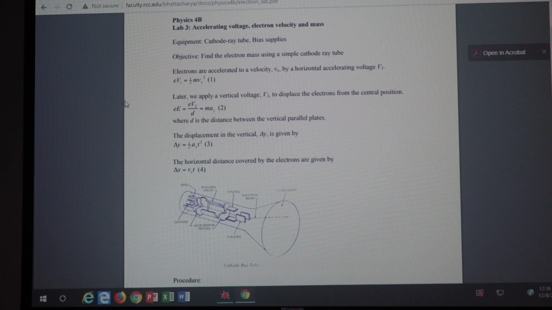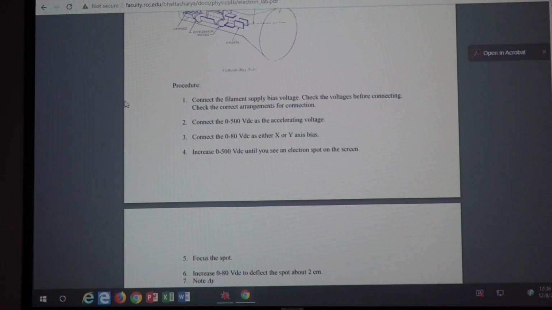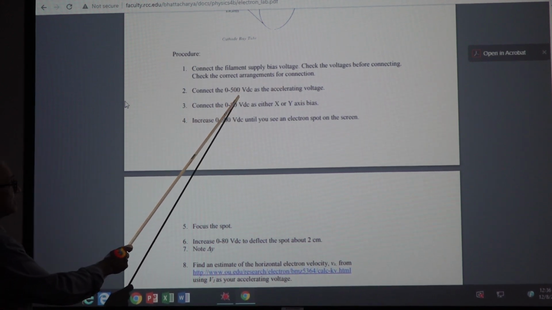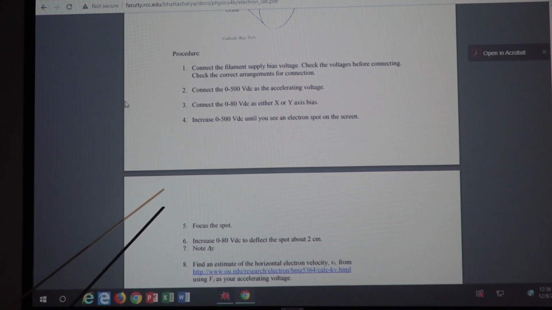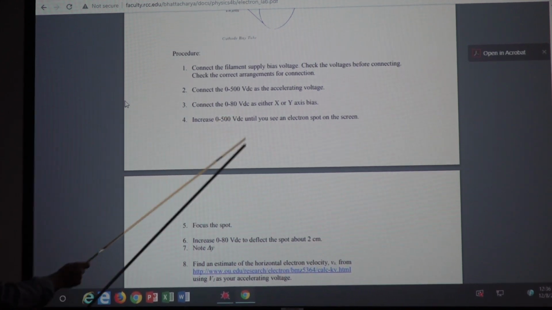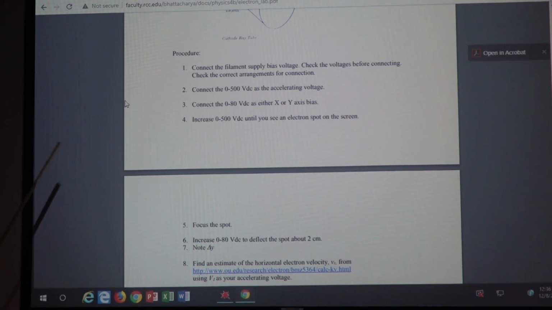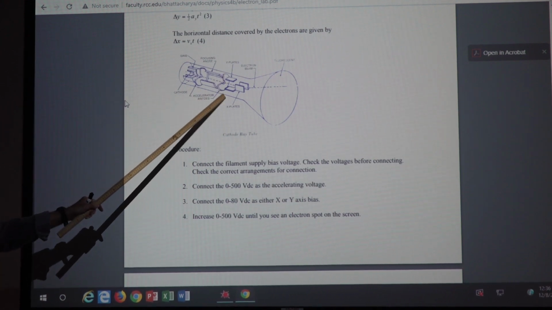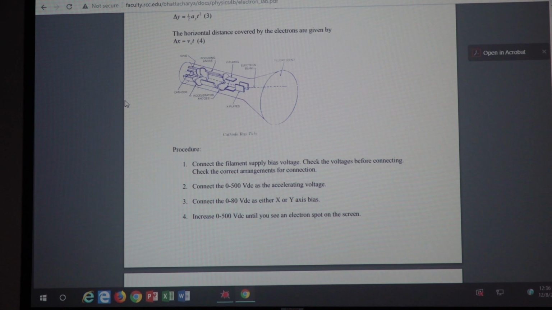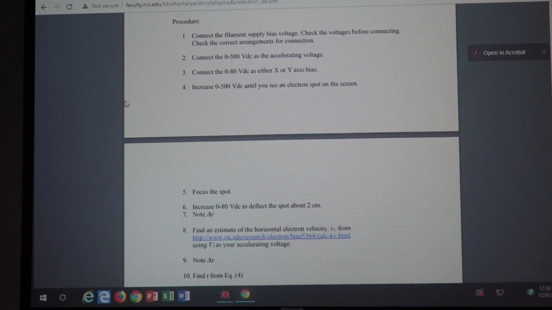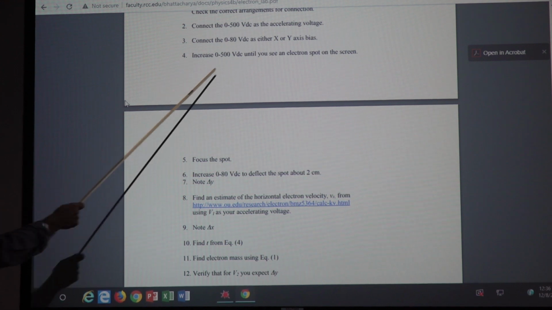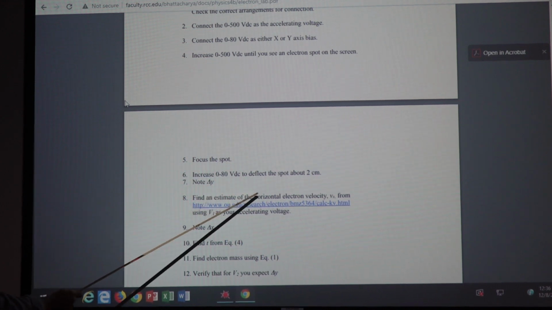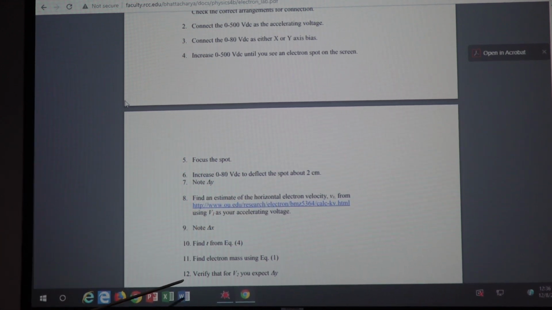So let me go through the procedure very quickly, and then we'll come back and do the experiment. We're going to connect all the bias voltages. We're going to connect the accelerating voltage. I'm going to do this for you. And this is the part where we have x or y axis bias. That means I'm going to have a bias voltage applied here, so that the electron can go up and down. And then we're going to have this accelerating voltage until I see an electron spot on the screen, focus the spot, and then deflect the spot by about 2 centimeters.